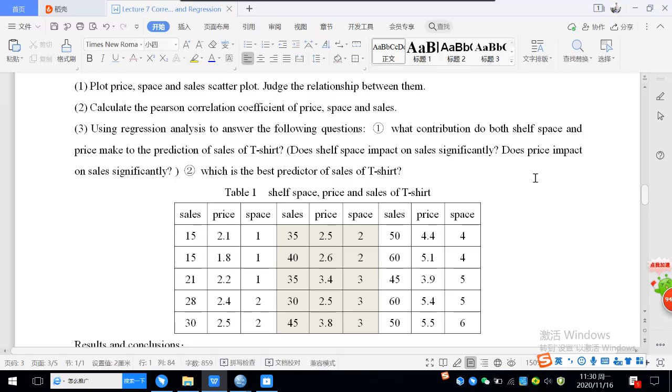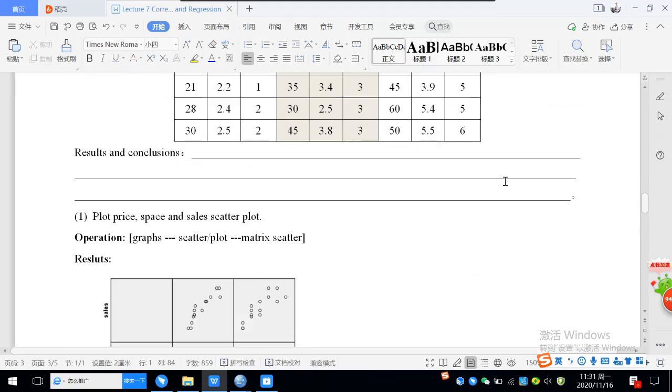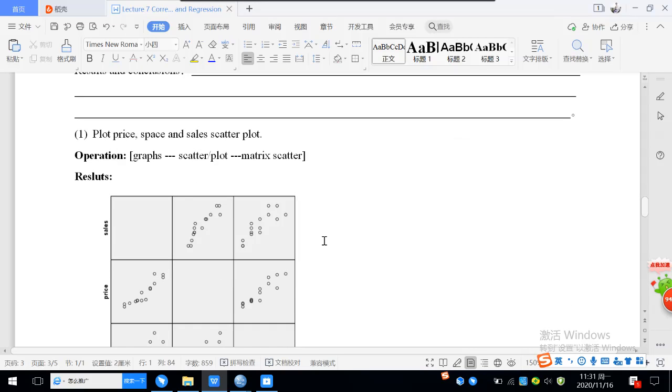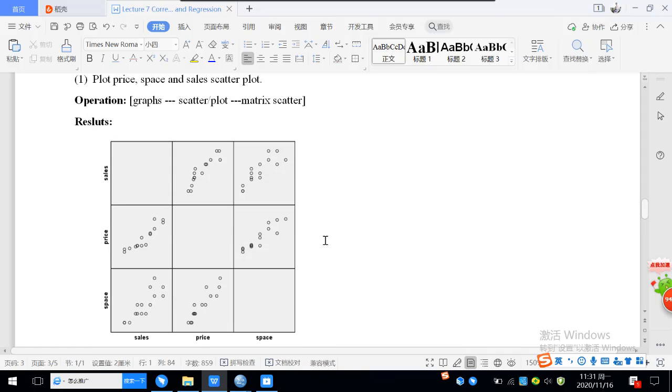So that's very important. That's the first step here: plot price, space, and sales scatter plot. Okay, and everyone show this result. It's correct. We will use the matrix scatter.